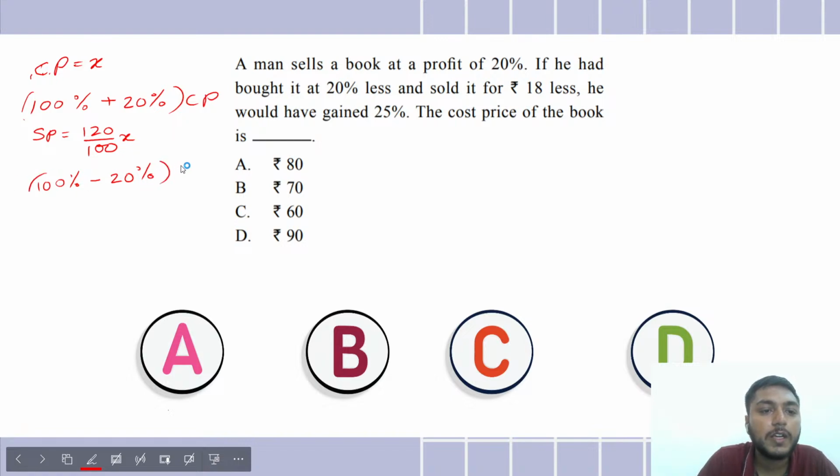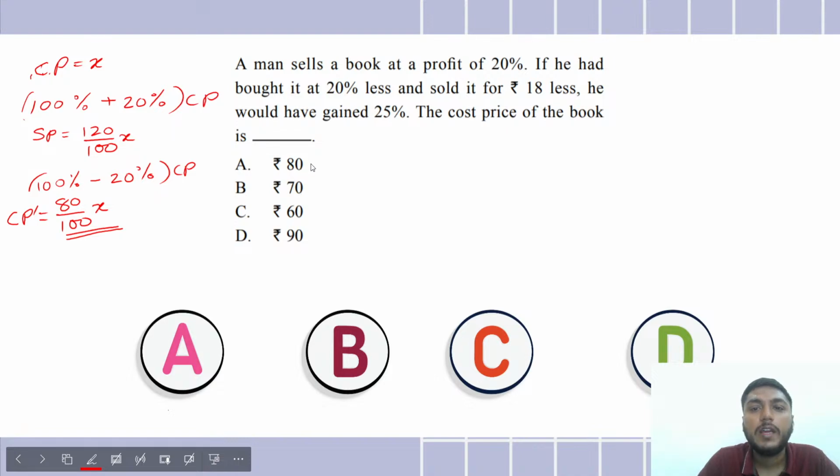Of cost price. So this would again become what? This would again become 80%. 80 by 100 of x. So now this 80 by 100 of x is what? This is the cost price, right? Let this be CP dash. So this 80 by 100x is our new cost price.